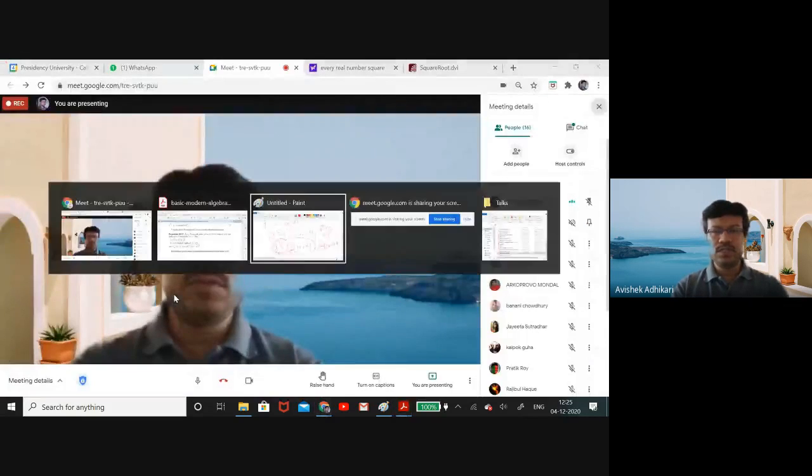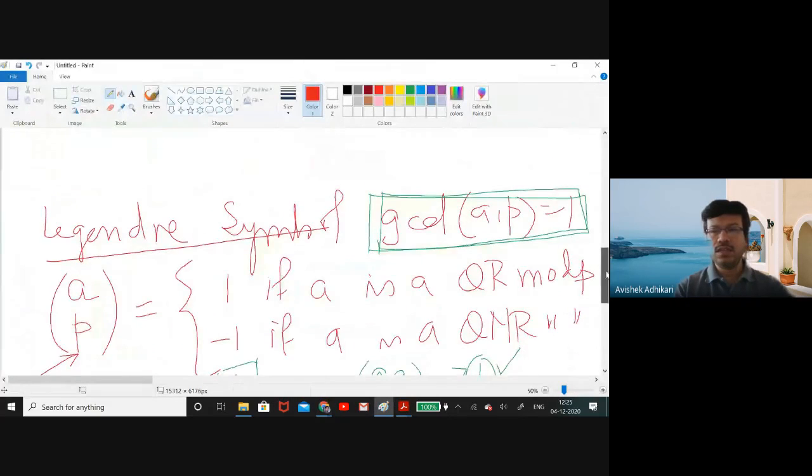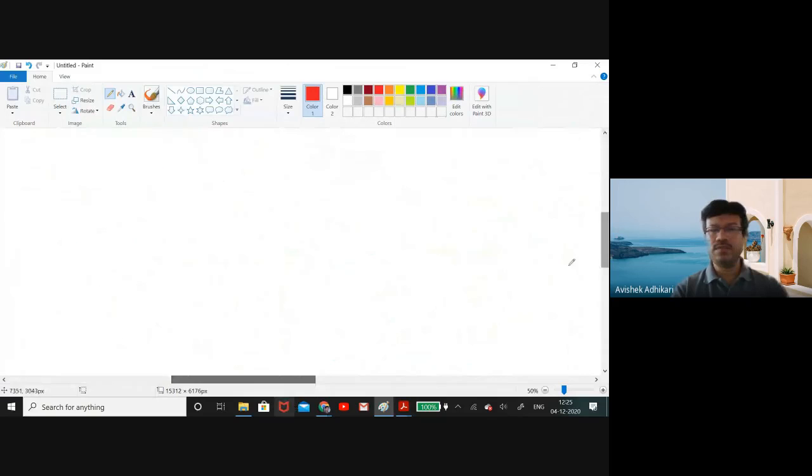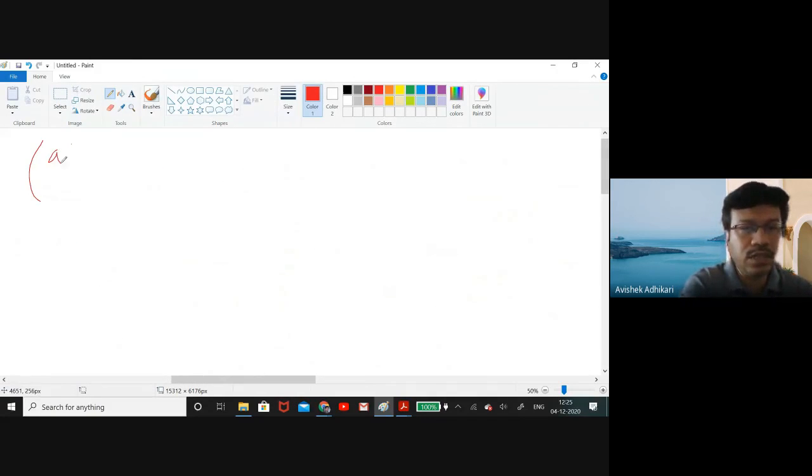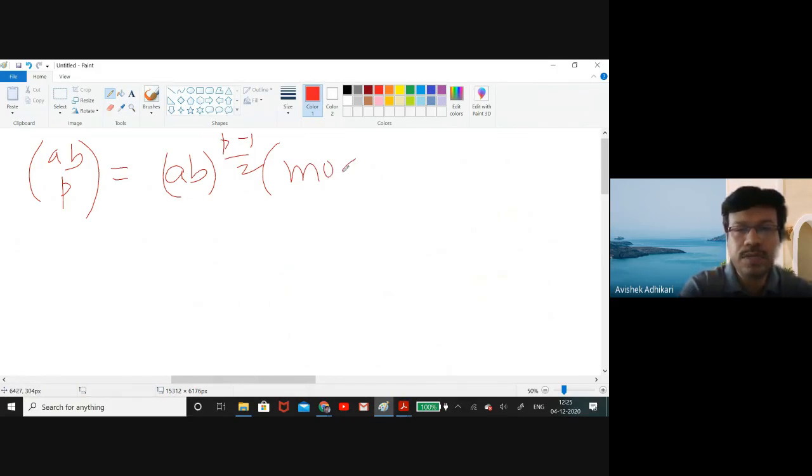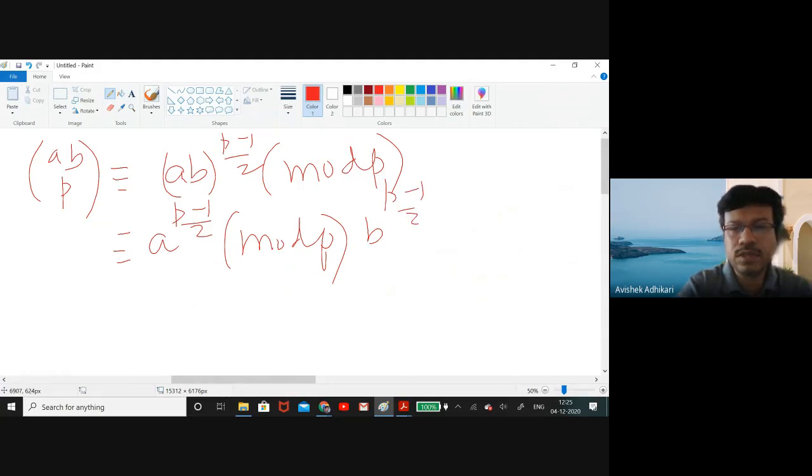If you consider (AB/P), where we assume that GCD of AB and P equals 1, then from the definition this is nothing but (AB) to the power P minus 1 by 2 modulo P. Just now we have proved this theorem, and since this is a commutative group, you can write it as A to the power P minus 1 by 2 mod P into B to the power P minus 1 by 2 mod P. And this is nothing but (A/P) and (B/P).